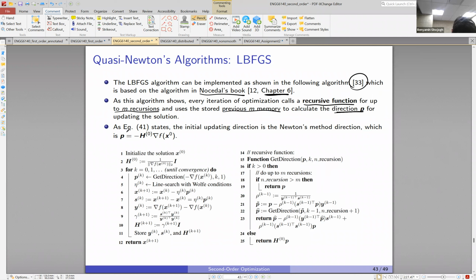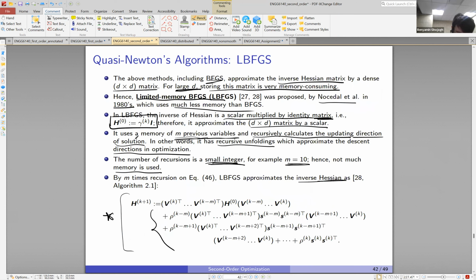Let's see. As equation 41 states, the initial updating direction in Newton's method is this. It is the Newton's method direction. H0 itself is a scalar times identity. Also, what was equation 41?